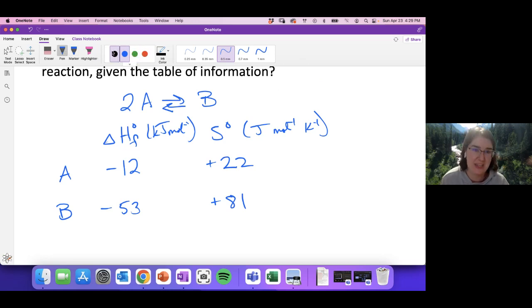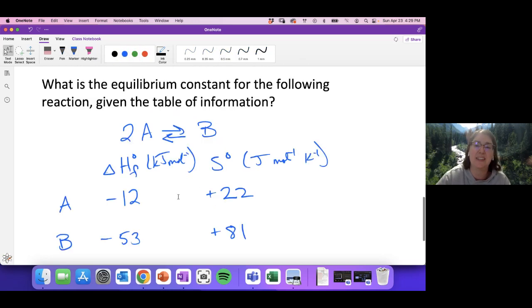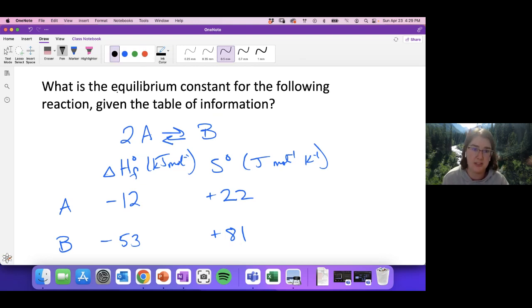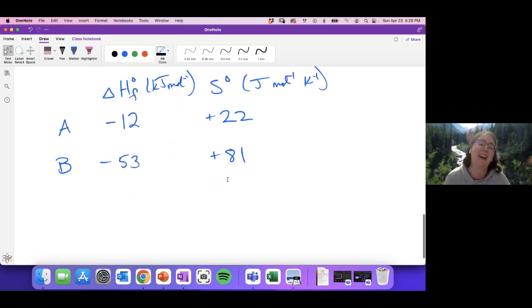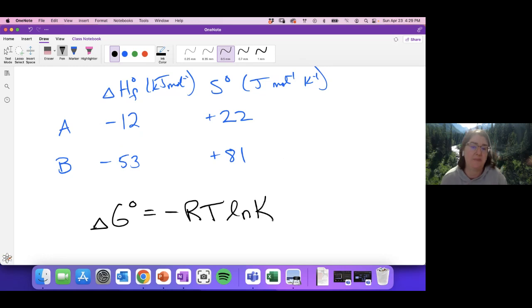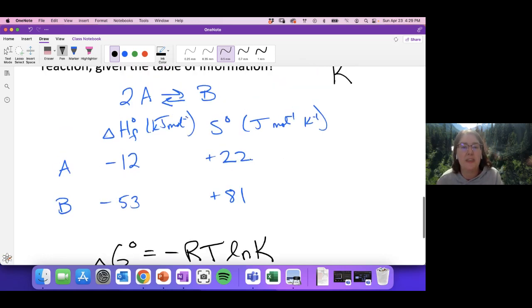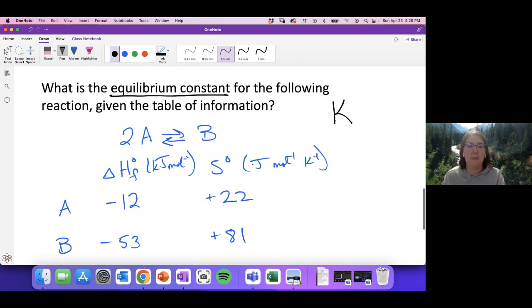So then as we do this, since it's asking us for an equilibrium constant, that is asking us for K, but it gave us a whole bunch of thermodynamic data. So one of the ways we could get K from thermodynamic data, okay, the only way we can get K from thermodynamic data is to deal with something like delta G standard is equal to -RT ln K. This doesn't give me any sort of temperature.